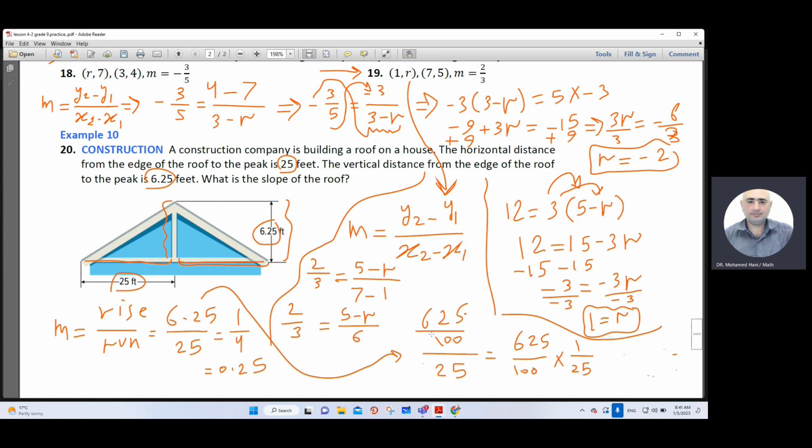And how to do the divide between two fractions or between a fraction and the whole number?